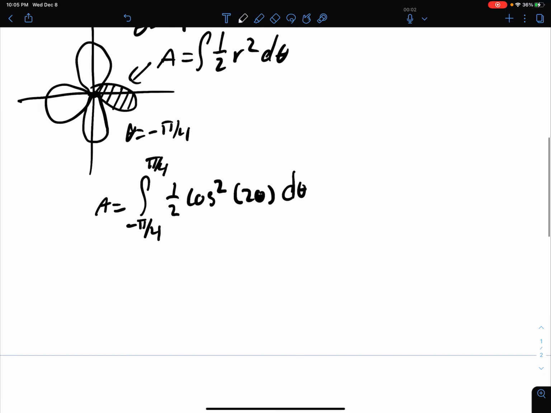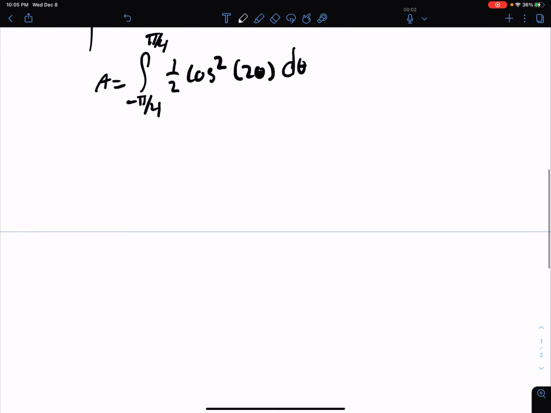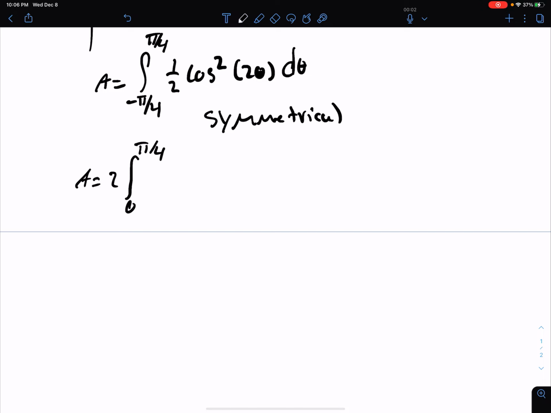Now if you remember early on in calculus, you'll recognize that this is symmetrical, meaning we can add a 2 to the front, replace our lower limit with 0, and we have even more simplification here.